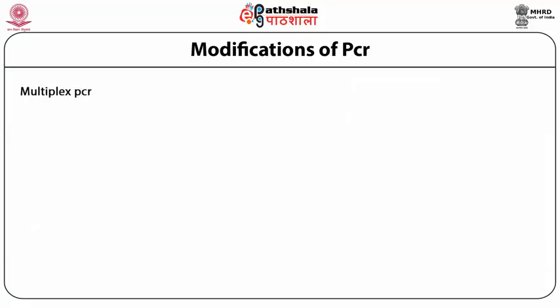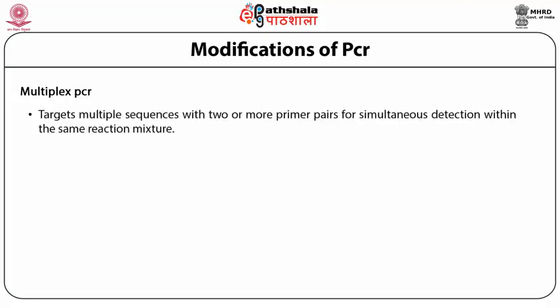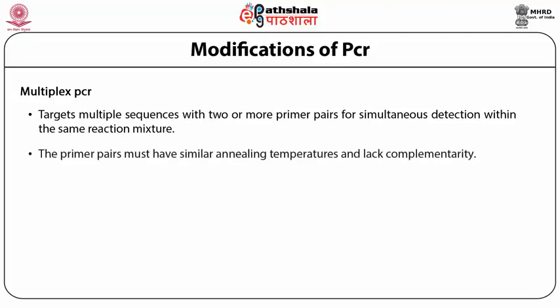Multiplex PCR is also an important tool for the clinician as it targets multiple sequences with 2 or more primer pairs for simultaneous detection within the same reaction mixture. The primer pairs must have similar annealing temperature and lack complementarity.